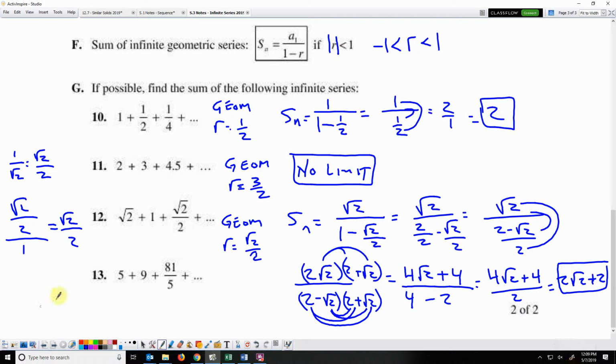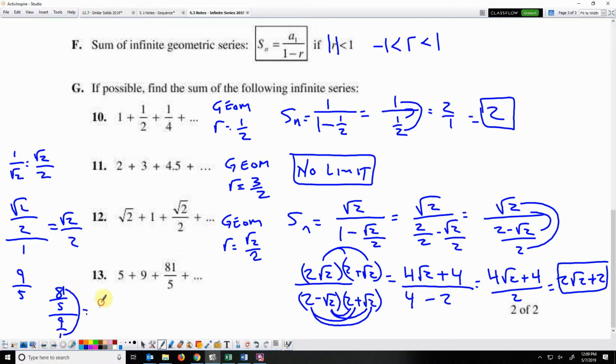And my last one. It needs to be geometric, so I'll look for a common ratio. 9 over 5, and that doesn't simplify. Then I've got 81 fifths over 9. We'll make that 9 over 1.